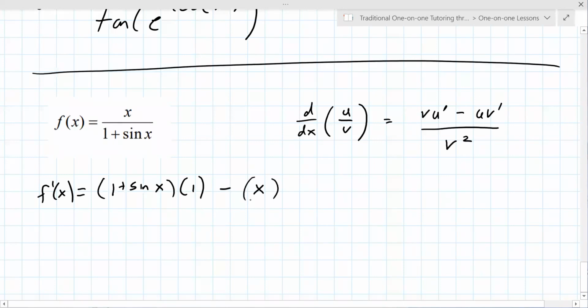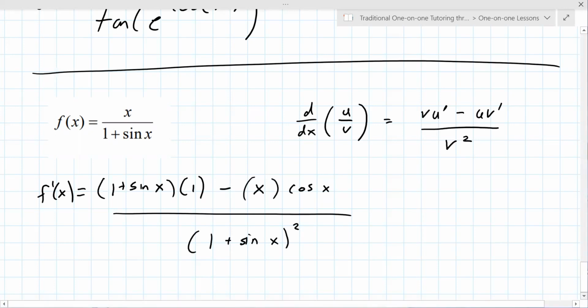The derivative of the bottom is cosine x, over the bottom squared. Okay, yeah, I remember this. Okay, and then you could simplify. Some of them don't simplify very well, but some do. This one does not, though. It's not really all that helpful.